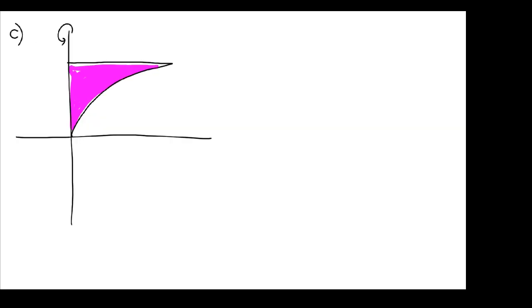So if you prefer to not work with the shell method and you're doing part C and you need to revolve this region around the y-axis, your typical rectangle, you're forced to draw it so that it is perpendicular to what you're revolving around.